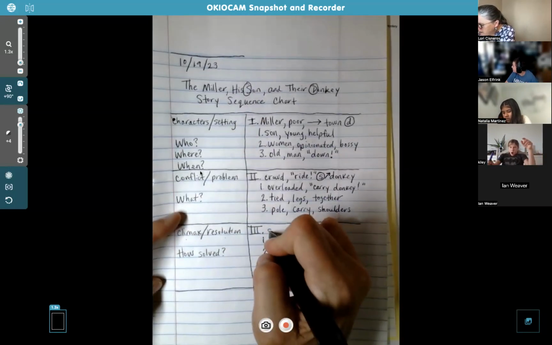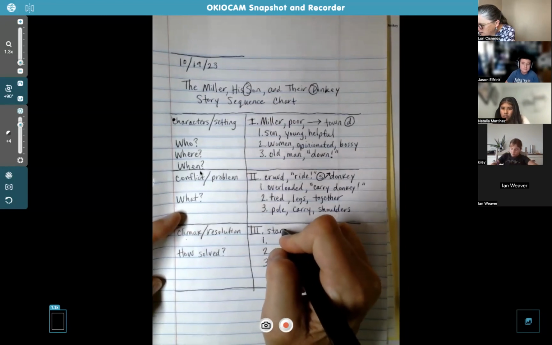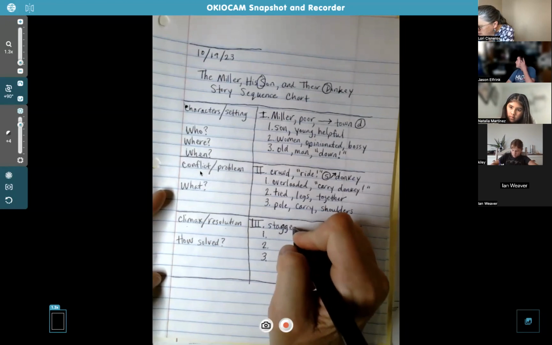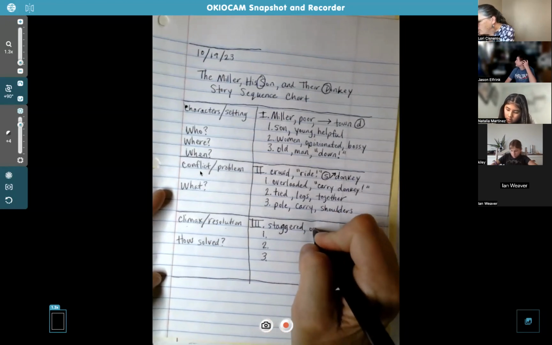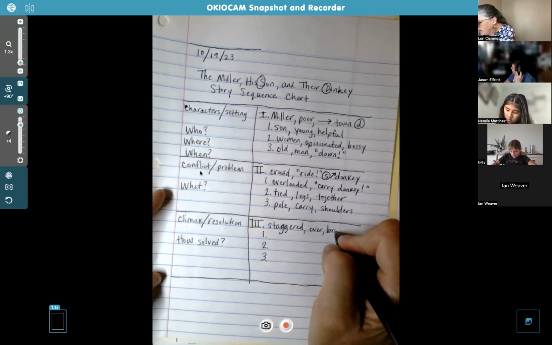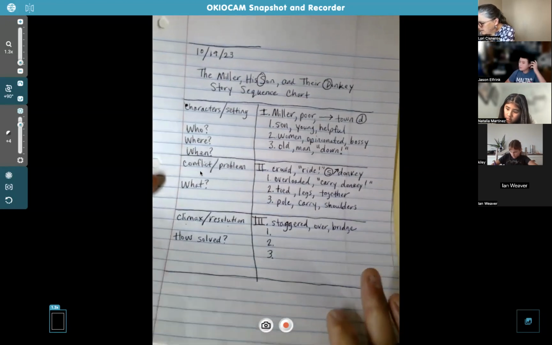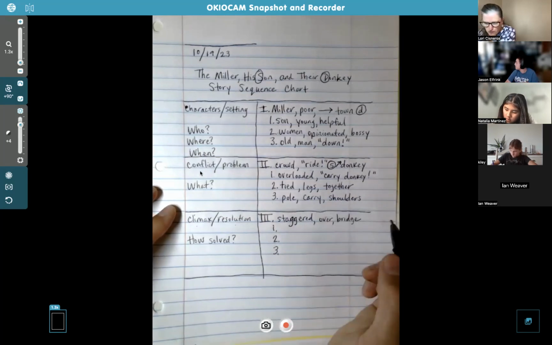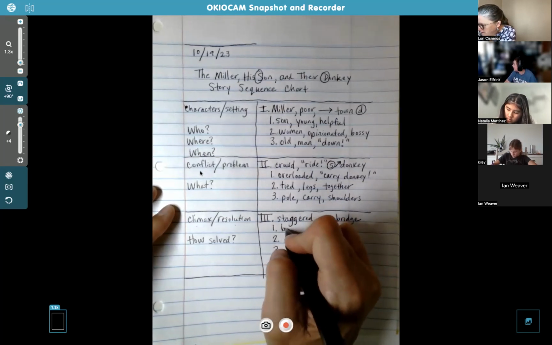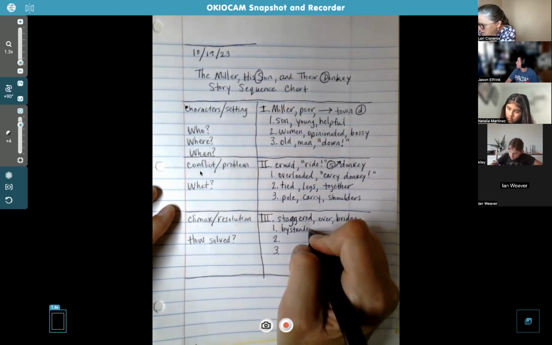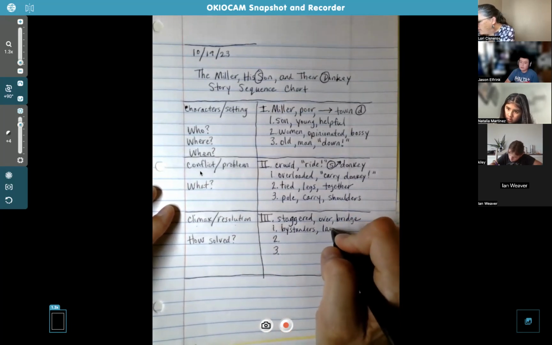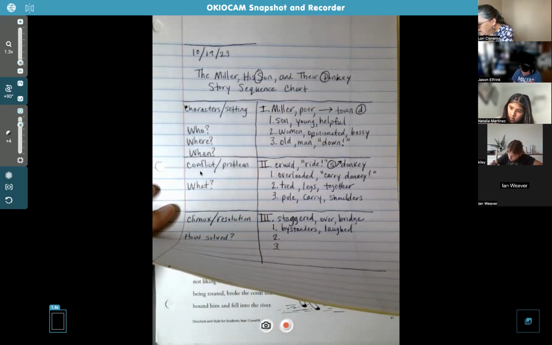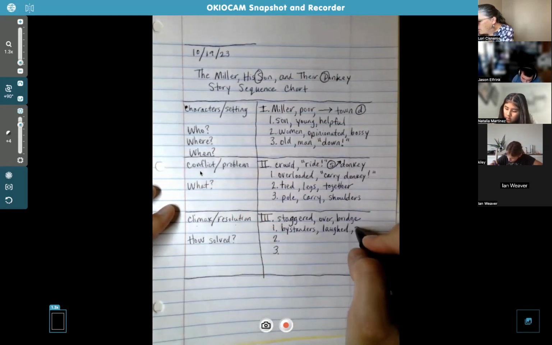So let's put staggered over bridge. Bystanders. Those are people that are standing by. Bystanders laughed. And then I'm just going to put that word noise.